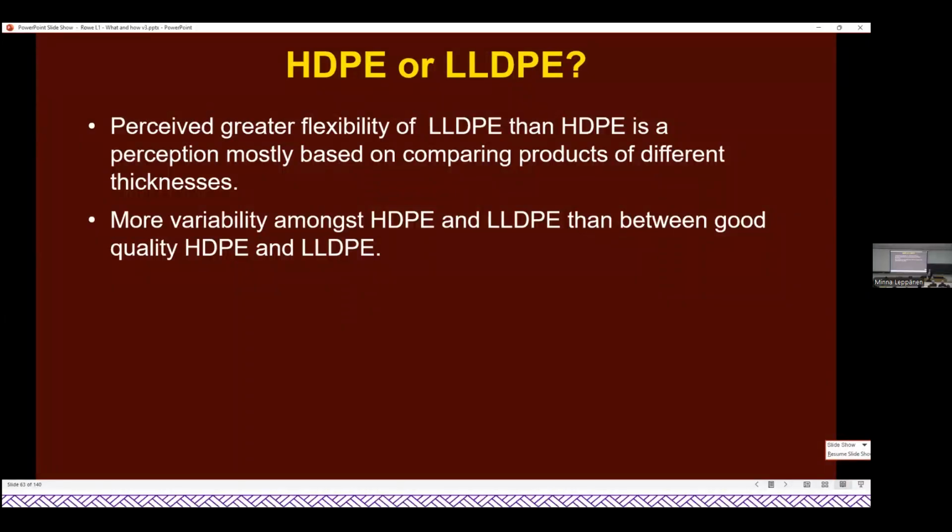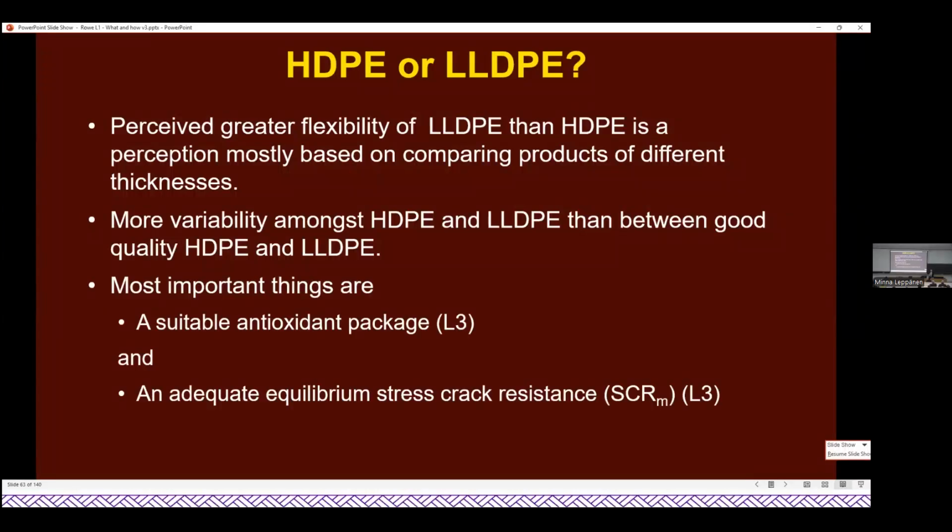There is a lot of variability within the LLDPE family, just as there is within the HDPE. The important thing is not the label. The important thing is what's under that label. What is the resin, and does it have adequate real as against perceived stress crack resistance, and does it have an adequate antioxidant and stabilizer package to protect it in the long term? Those are the two important characteristics.